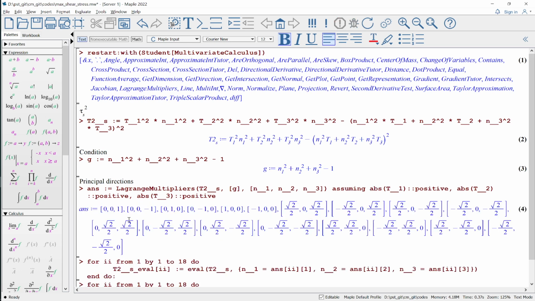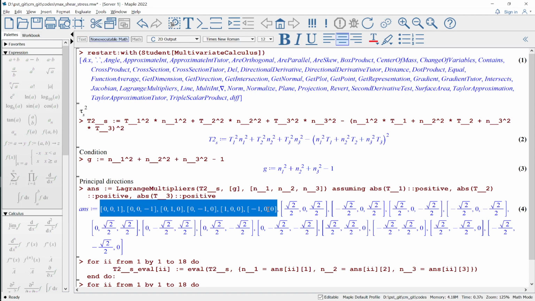So then I get 18 answers for the principal directions. These are the first 6 answers that I already wrote down. So we have 0, 0, plus minus 1, 0, plus minus 1, and then 0, plus minus 1, and then 0, 0.